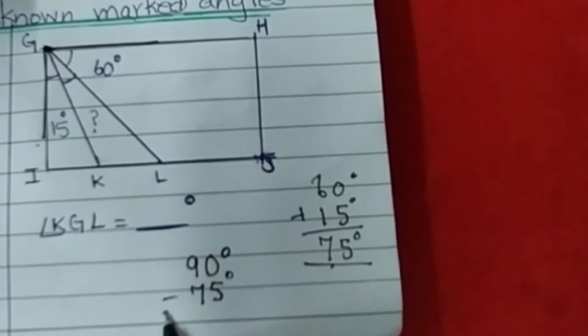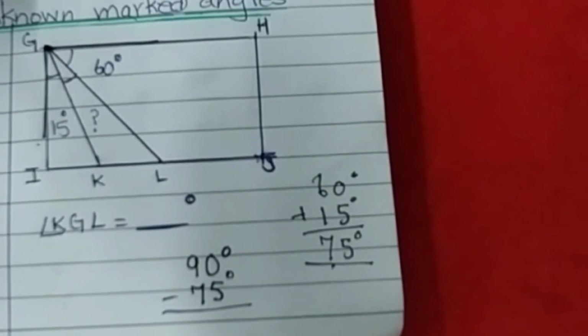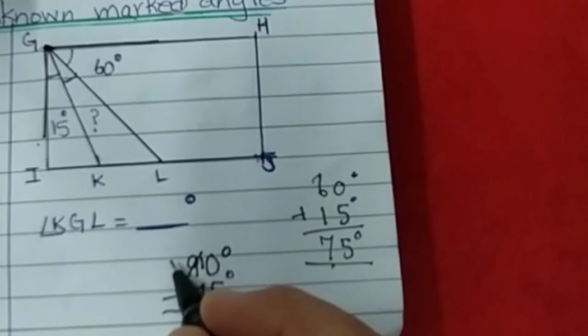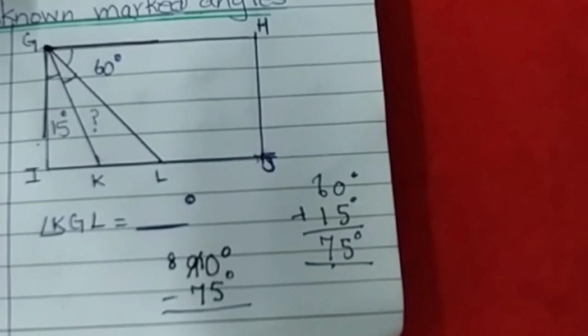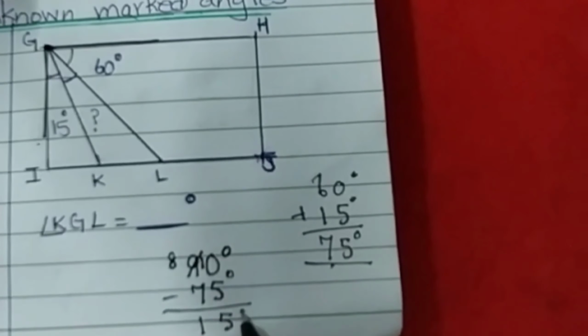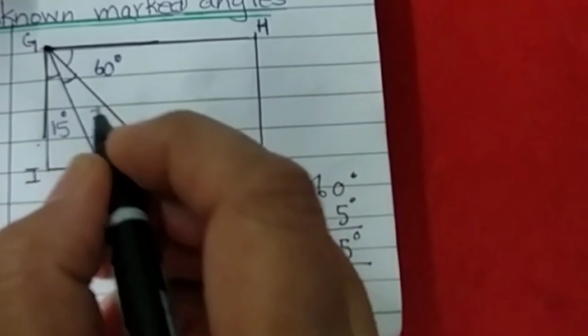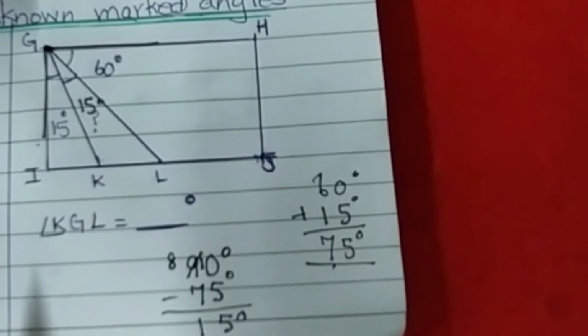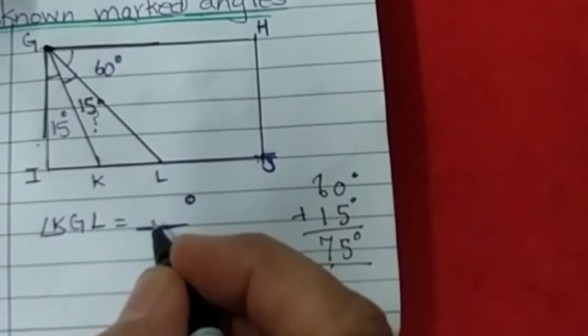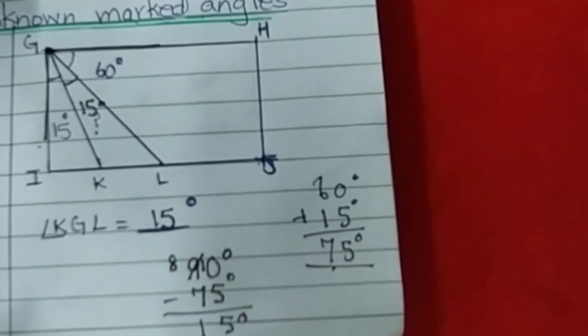Minus this up. 0 minus 5, is it possible to minus? No. You will borrow a number, it becomes 10. This has become 8. 10 minus 5 is 5. 8 minus 7 is 1. So you got 15 degrees left. Angle KGL is 15 degrees.